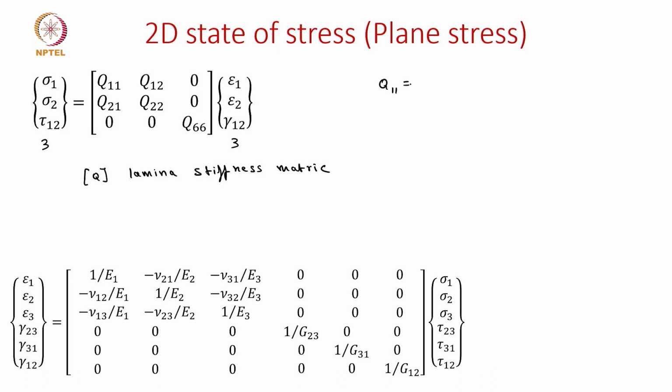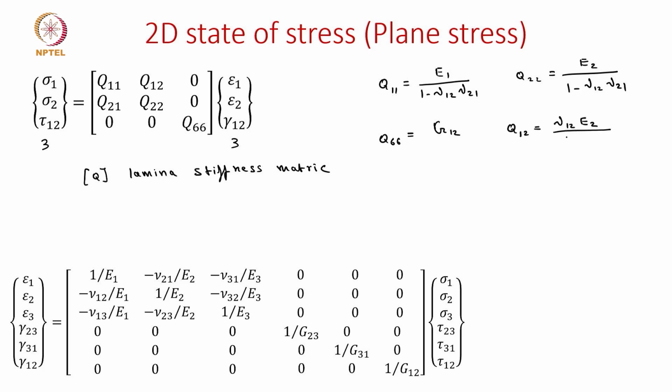Q11 can be written as E1 by 1 minus nu12 nu21, and Q22 can be written as E2 by again the same denominator, 1 minus nu12 times nu21, and Q66 is G12, and Q12 is given as nu12 times E2 divided by 1 minus nu12 times nu21.